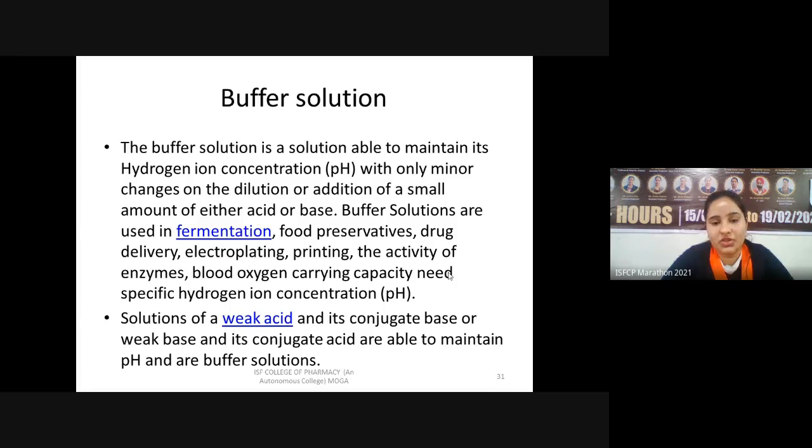All these processes need a specific pH, so to maintain that, buffer solutions are used. Solutions of a weak acid and its conjugate base, or a weak base and its conjugate acid, are buffer solutions. They help us to maintain the pH.